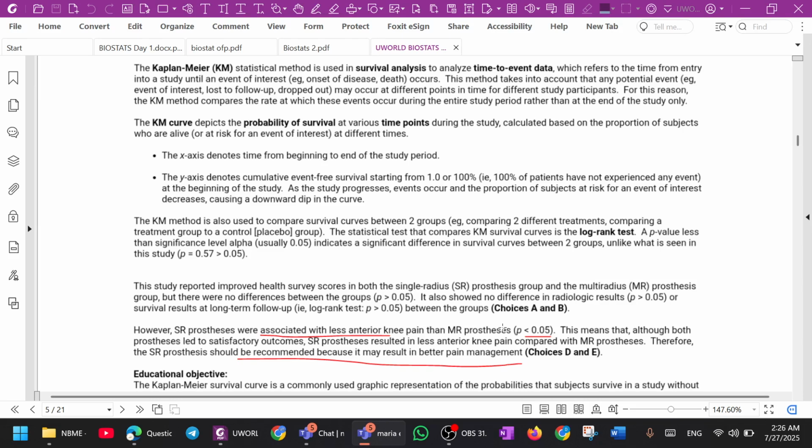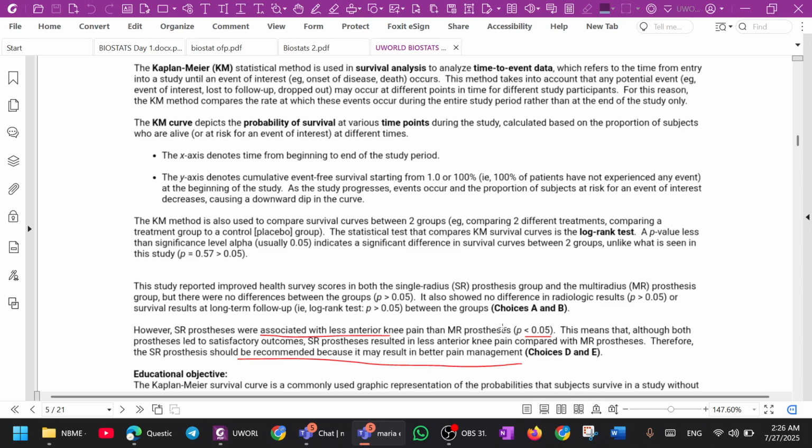The KM method is also used to compare the survival curves between two groups, comparing two different treatments, or comparing the treatment group to a control or placebo group. The statistical test that compares KM survival analysis curves is the log-rank test.